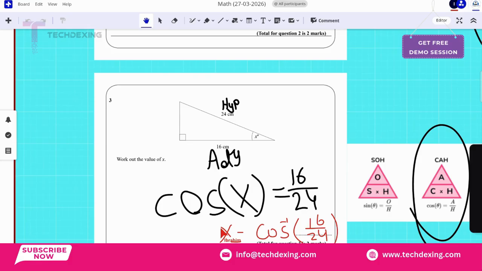You know how to use the inverse function on the calculator? Not really. Okay, let me show you from my side.